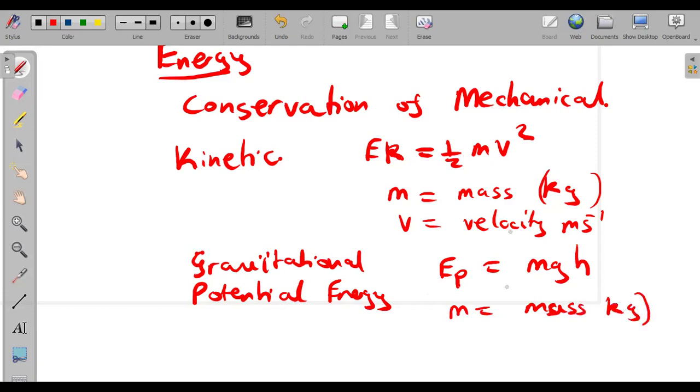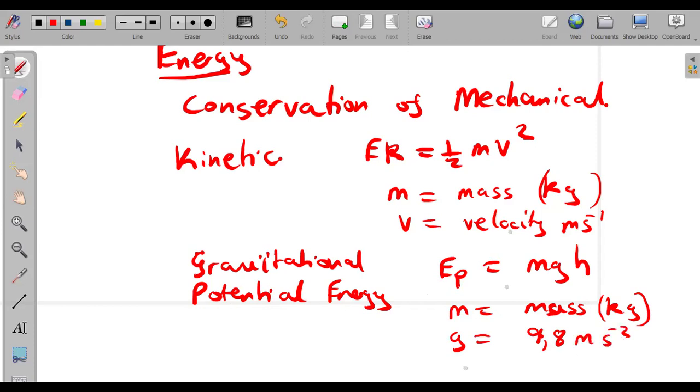in kgs, and g is the gravitational acceleration. Gravitational acceleration is a value that ranges around 9.8, rounding off to one decimal place. So it's around 9.8 meters per square second.